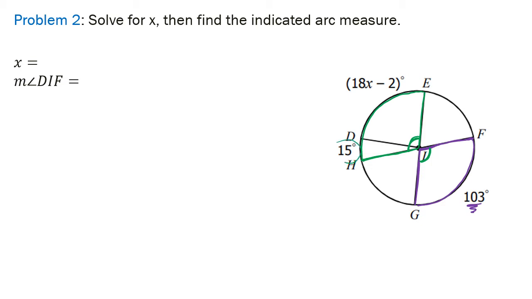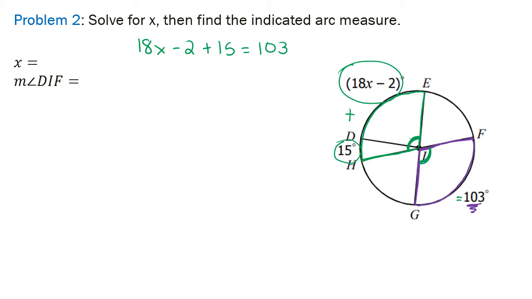So I can take this degree and this expression, add them together, and equal it to the 103. So 18x minus 2 plus 15 equals 103. Because these two arcs in green sum up to be the vertical angle for the purple arc.